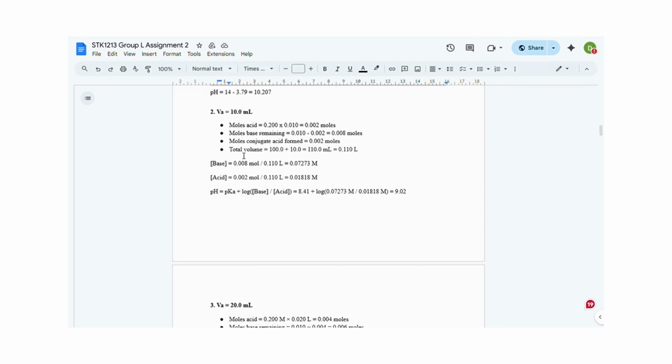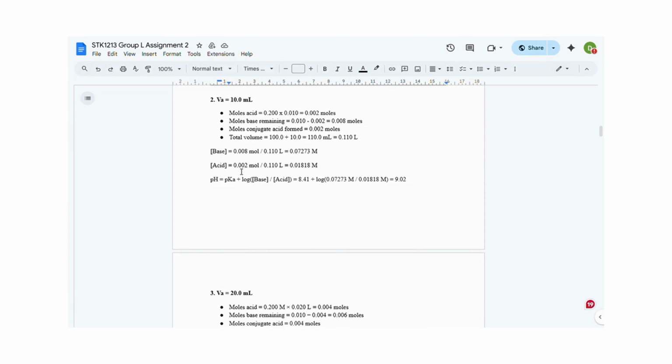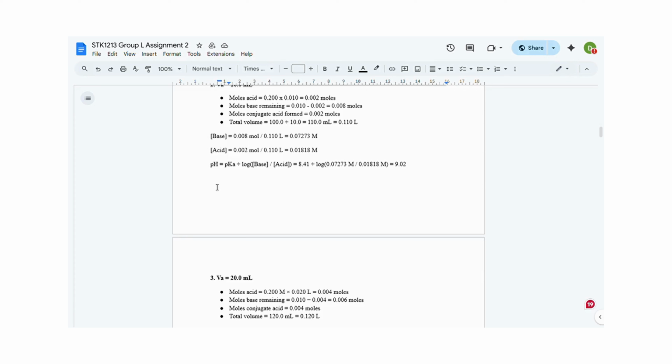And then for the total volume, the initial volume is 100, plus the acid that we add, which is 10, and we get 0.110 liter. So how to find the concentration? We divide the mole by liter, and we got 0.07273 mole for base, and for acid 0.01818 mole.